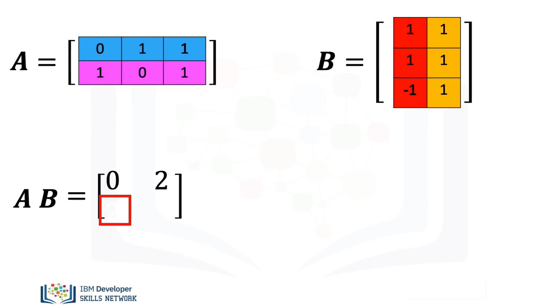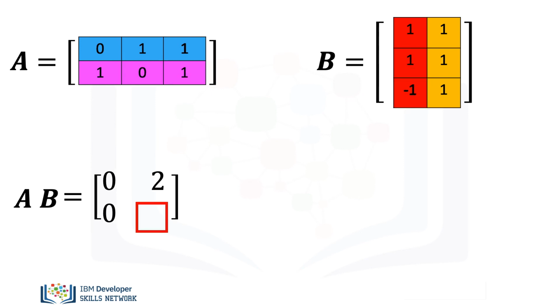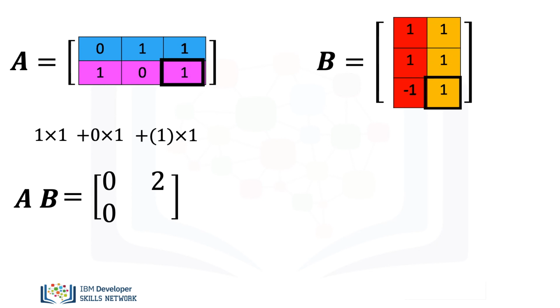For the second row and first column of the new matrix, we take the dot product of the second row of the matrix A with the first column of matrix B. The result is 0. Finally, for the second row and the second column of the new matrix, we take the dot product of the second row of the matrix A with the second column of matrix B.